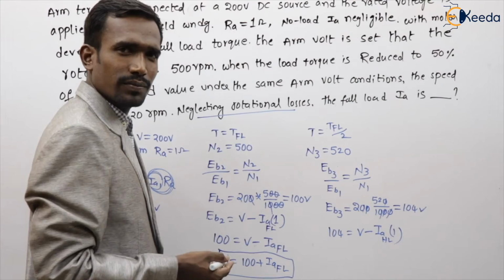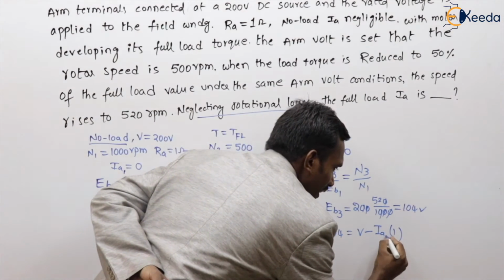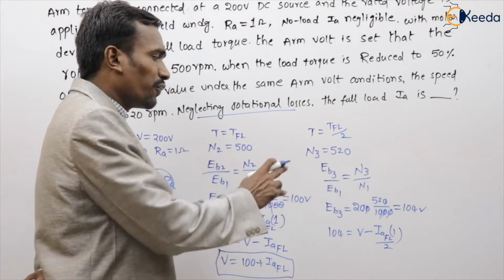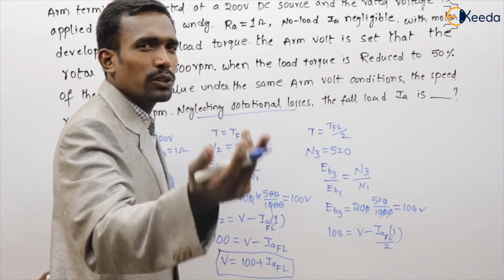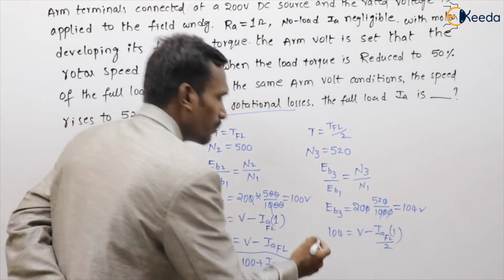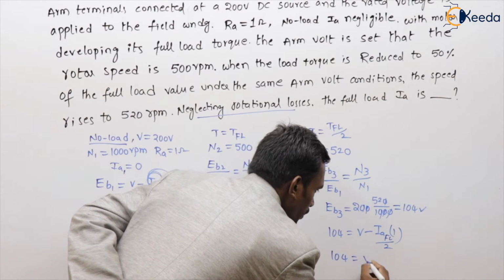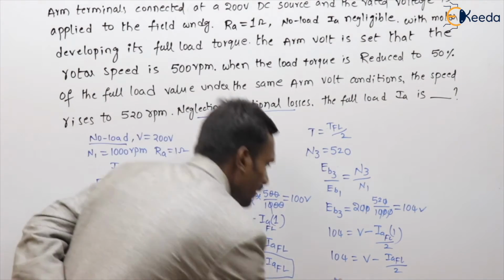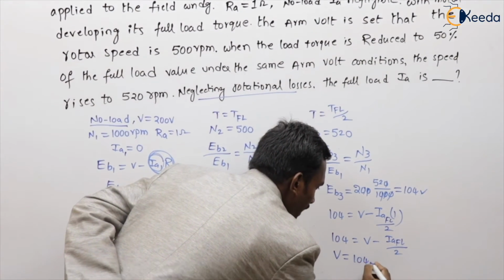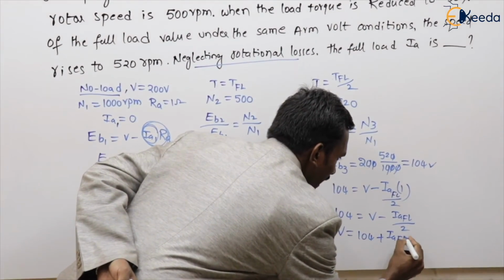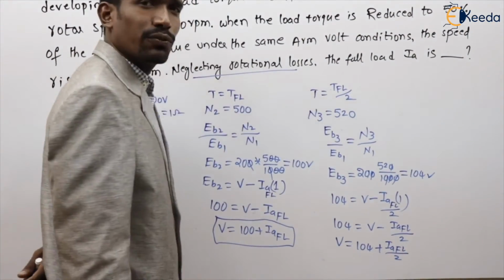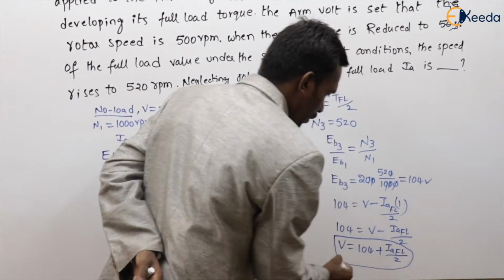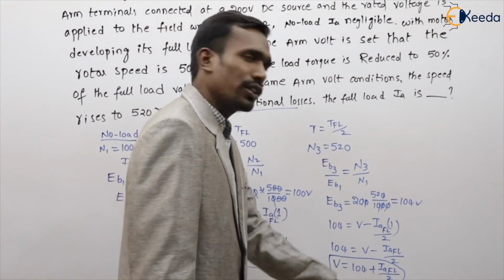Off load armature current is equal to full load current by 2, since load is directly proportional to current. So 104 is equal to V minus IA at full load by 2. Then V is equal to 104 plus IA at full load by 2.